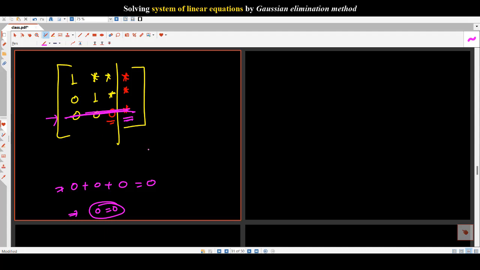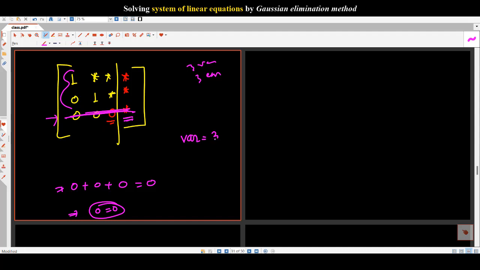So we are actually getting 2 equations. How many equations do we have here? Let's say 2 equations ultimately. Although we started with 3 variables and 3 equations, after the row echelon technique we have found only 2 equations. So one equation is missing.